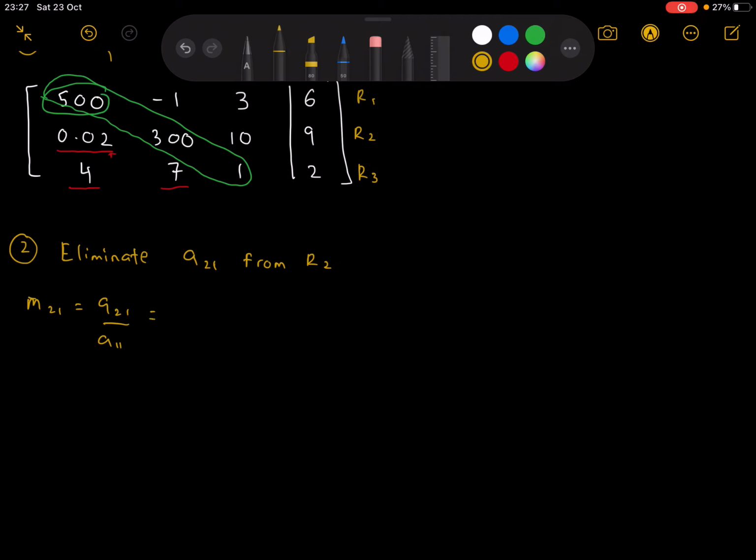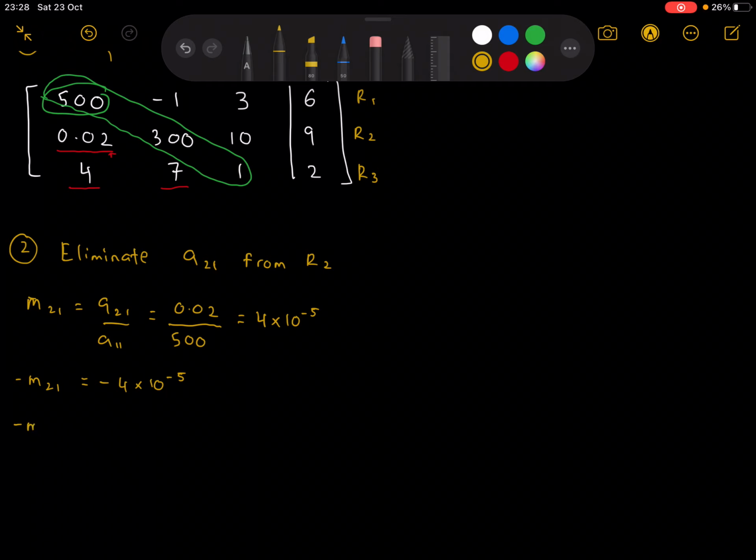So A21 is 0.02 and A11 is 500. So 0.02 divided by 500 is 4 times 10 to the power of minus 5. So negative M21 is equal to negative 4 times 10 to the power of minus 5.